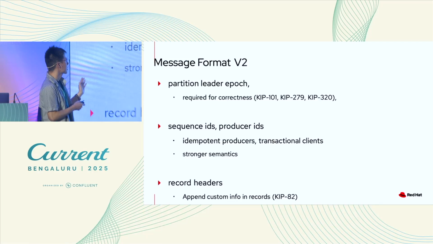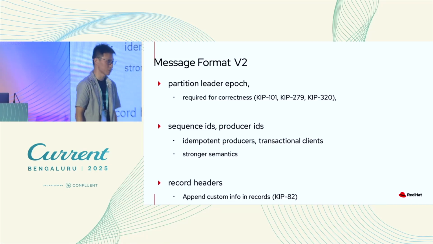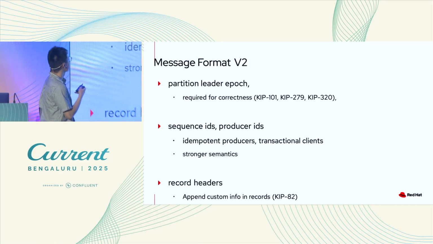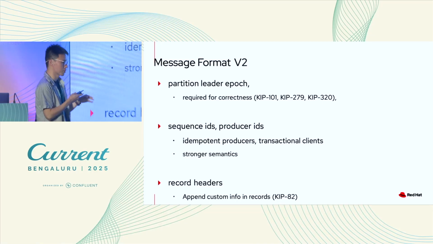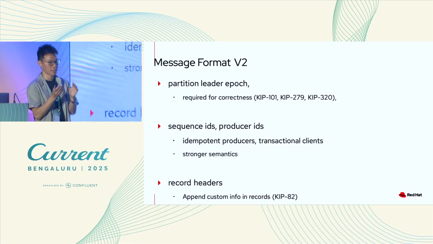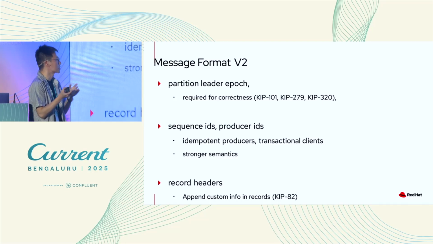So what does that mean to users? Before that, we can take a look at the important changes in message format 2. It contains the partition leader epoch field, which is really important to help the replication protocol avoid late-arriving requests, zombie nodes, or race condition issues we had.